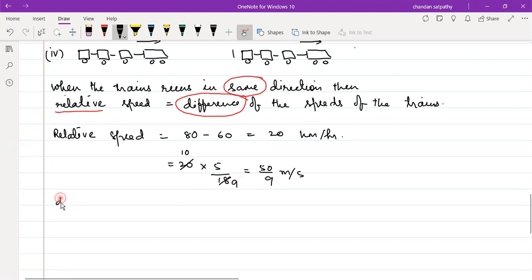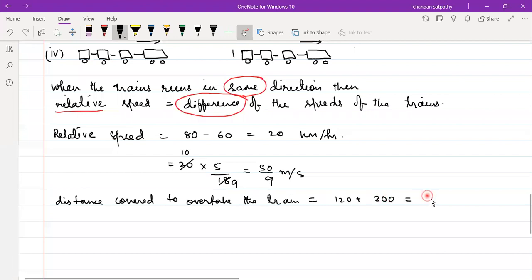Then what will be the distance covered? So we'll write that distance covered to overtake the train. Again, sum of the train lengths. So earlier train was 120 meter and this train is 200 meter. So that is 320 meter.